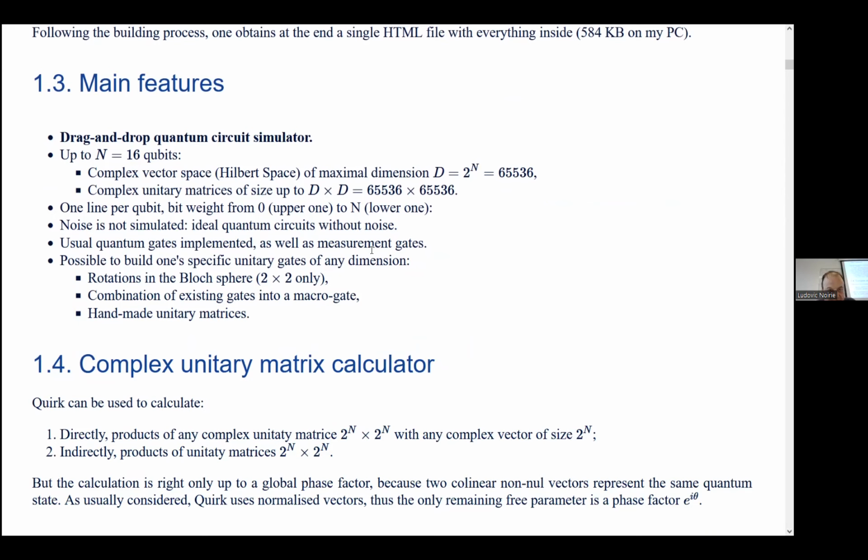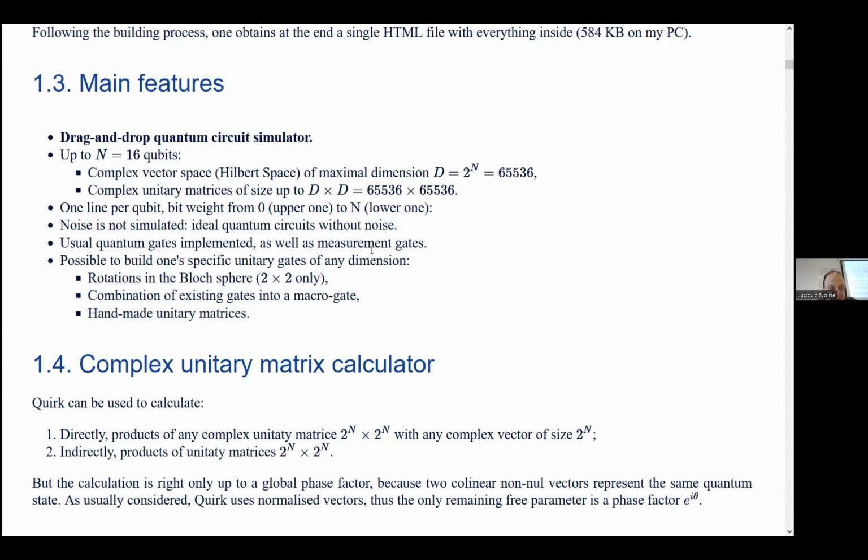It's 0 to n-1, so the upper line corresponds to the least significant qubit, and the lower one corresponds to the most significant qubit. It is important for some gates to know that. Noise is not simulated, so all the quantum circuits are ideal, without noise.